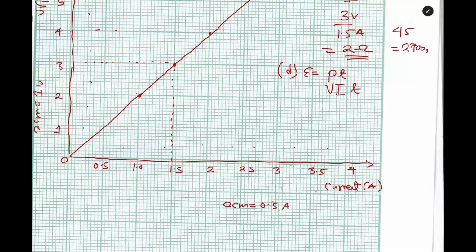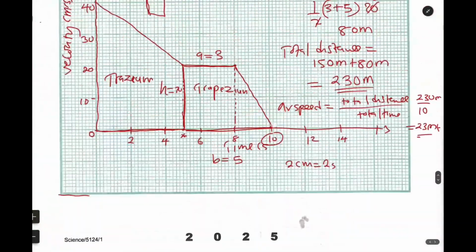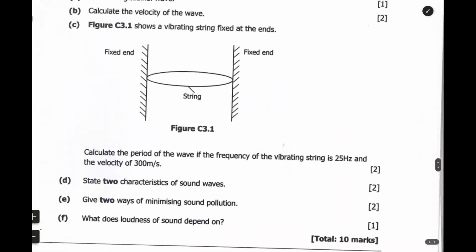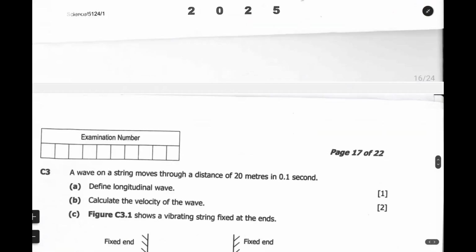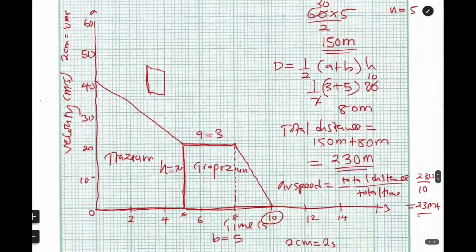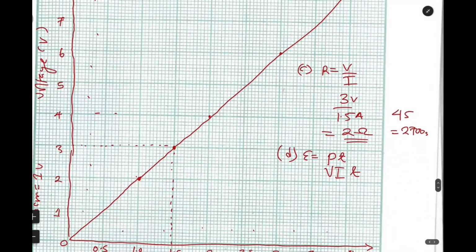So you're going to have voltage. The voltage in this case that is given is 5 volts, and the current is 0.25. Okay, let us multiply: 5 multiplied by 0.25 multiplied by 2,700.